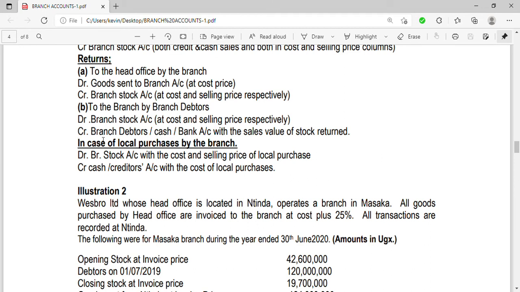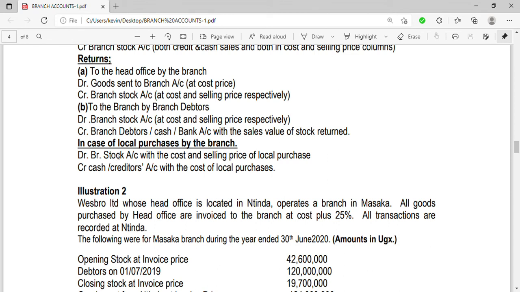Then we credit the branch debtors, because when debtors return the goods, it reduces the amount that you're supposed to receive from customers. You can also credit the cash account in case you're giving them cash, or credit the bank account in case you're paying them back by check.